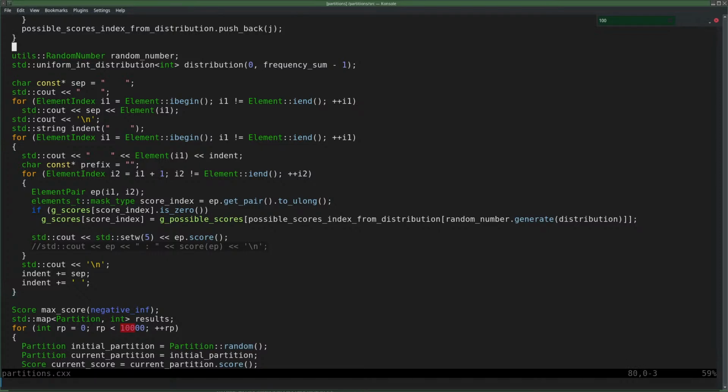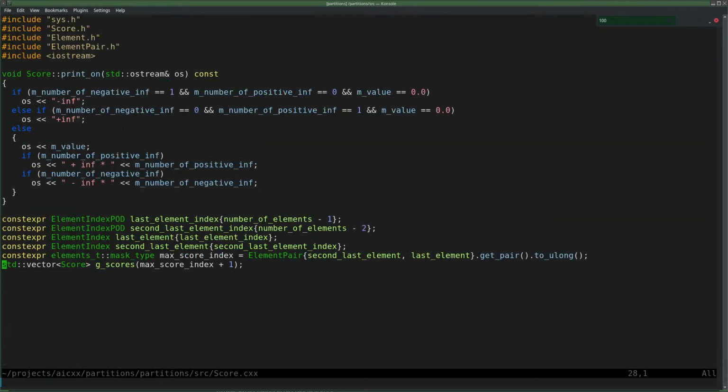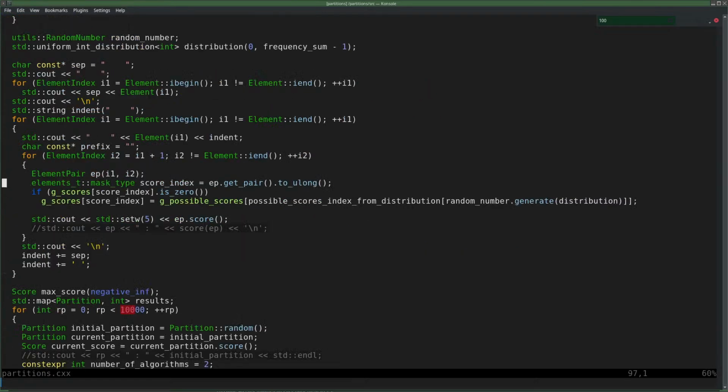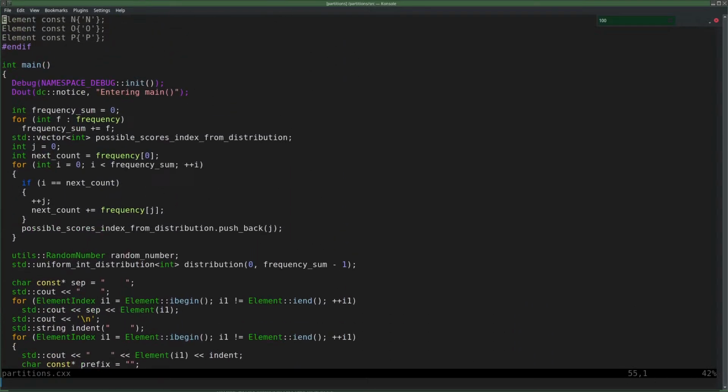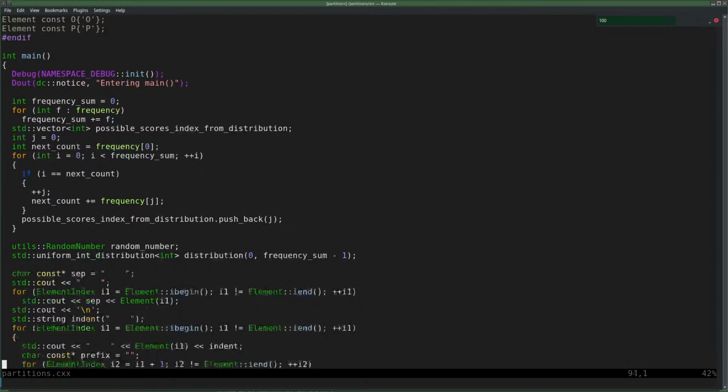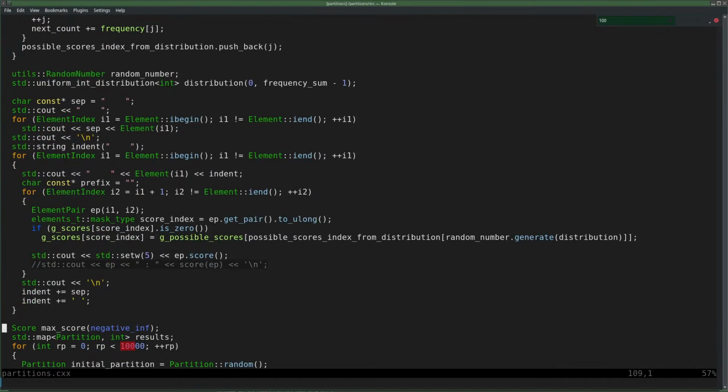Yeah, this prints scores. Yeah, this prints it.